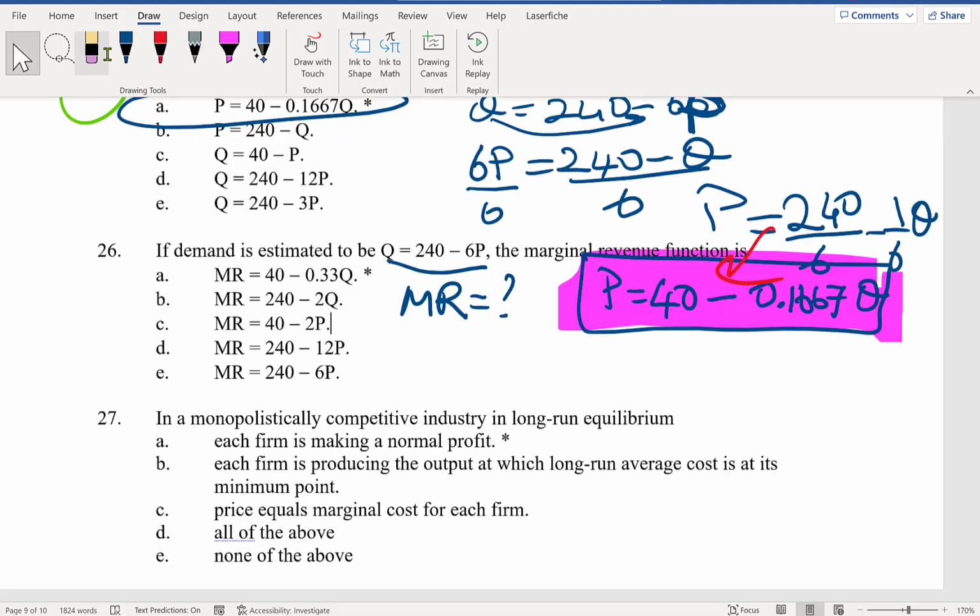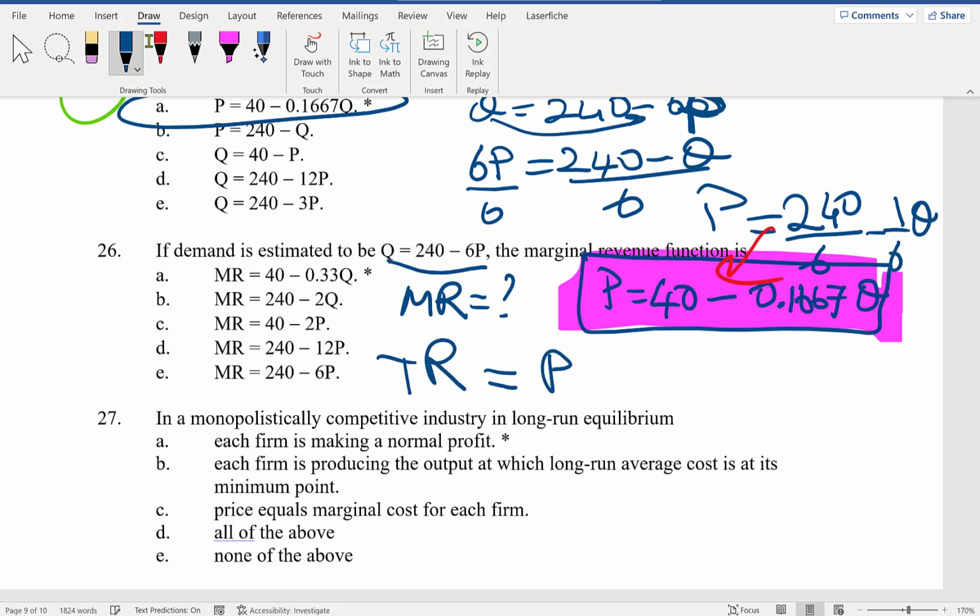The next question is, if the demand is estimated to be Q equals 240 minus 6P, the marginal revenue function is, so what are we doing here? We have to first find total revenue.